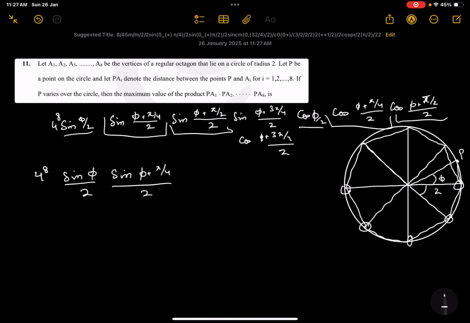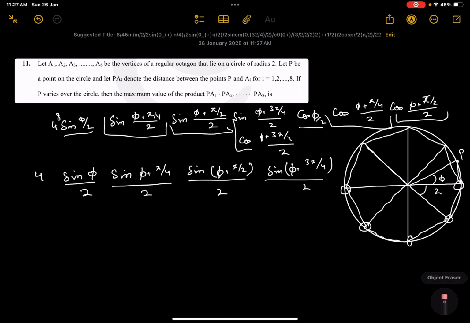This and this gives us sine, and finally these two give us sine (phi plus 3 pi by 4) by 2. So we get 4 to the power of 6 and the denominators go away.